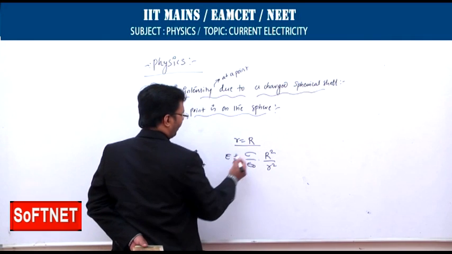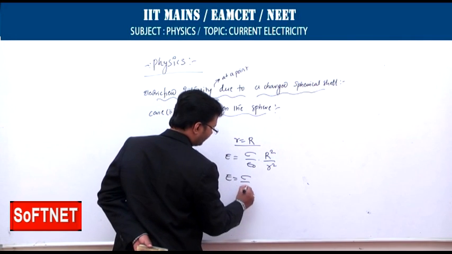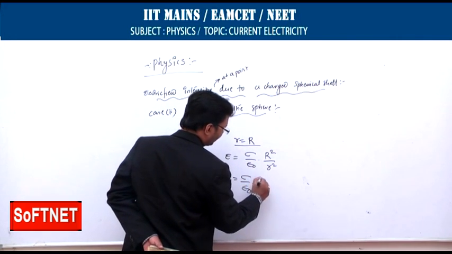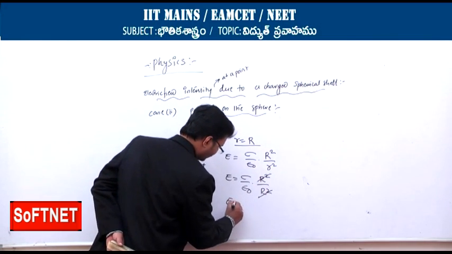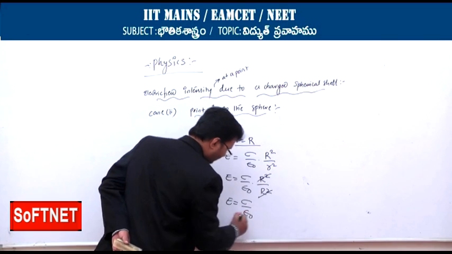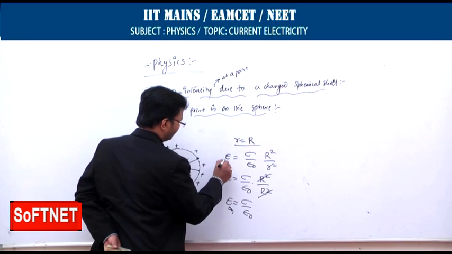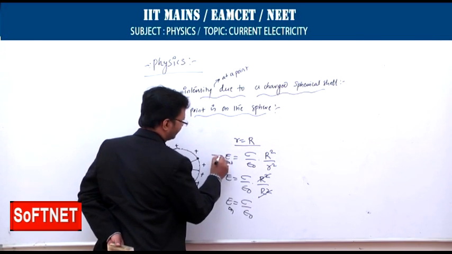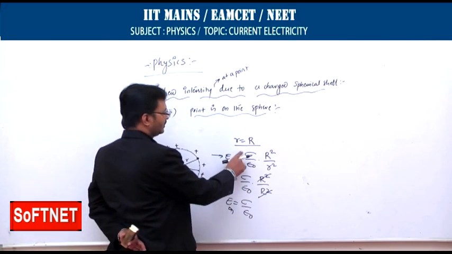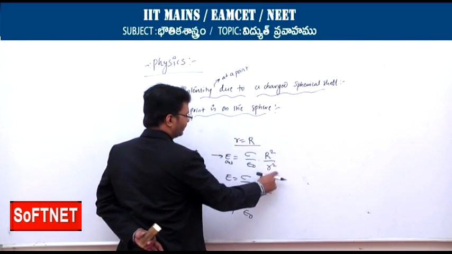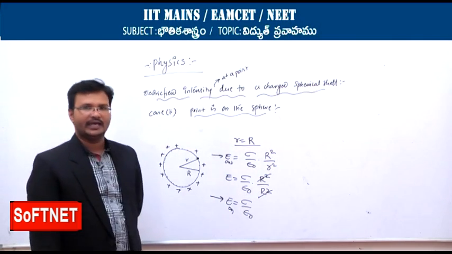On the sphere, small r is equal to capital R, so substituting, capital R square by capital R square gives sigma by epsilon naught. E out is sigma by epsilon naught into capital R square by small r square. E on the sphere is sigma by epsilon naught.